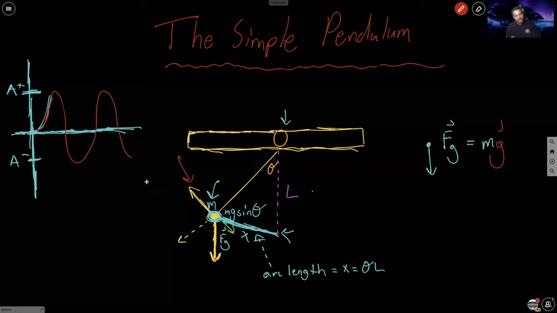So we have the amplitude point. Okay, so that's where we have our max. We have the equilibrium position.